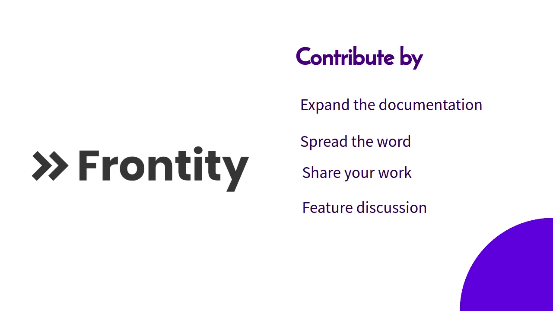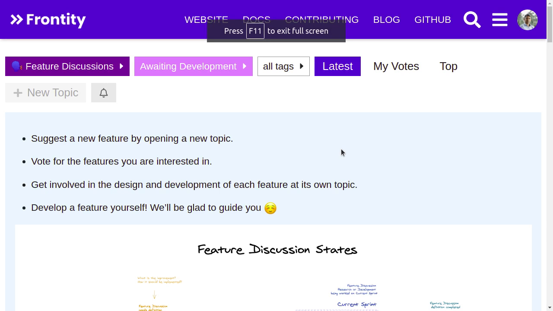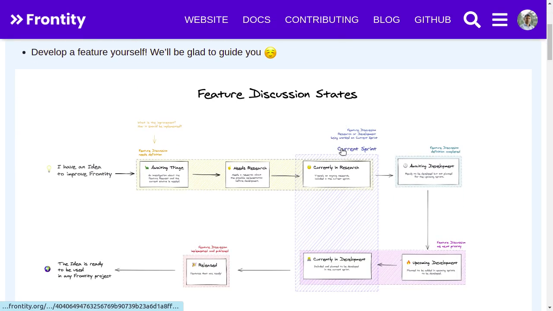The upcoming feature right now, as of March 2021, is AMP support, and I guess there are some new commands being added to Frontity, and there are other features. Let's take a quick look. So you can see these features are awaiting development.